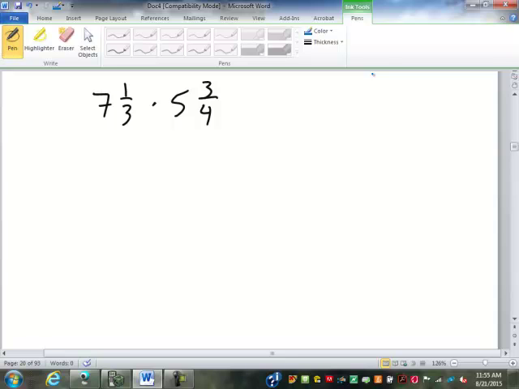In fact, if we were to go to any university and find 10 math majors, I'd be shocked if even one of them could show you the proper way to multiply mixed numbers. So how do we do it without making mistakes? What do we do to get around it? Well, we turn them into improper fractions. 7 1/3 becomes what as an improper fraction?